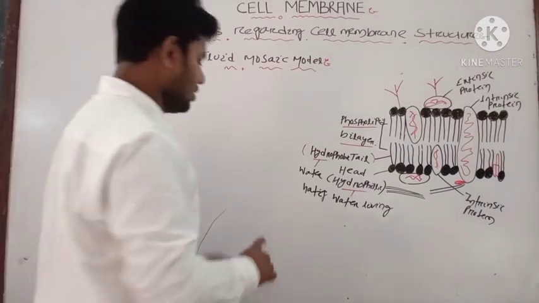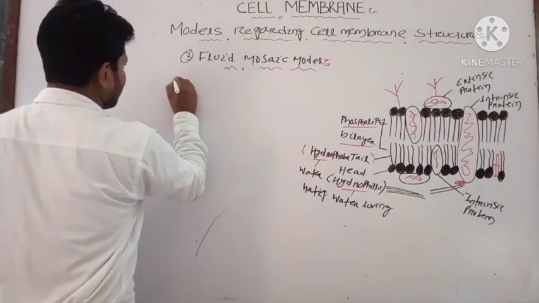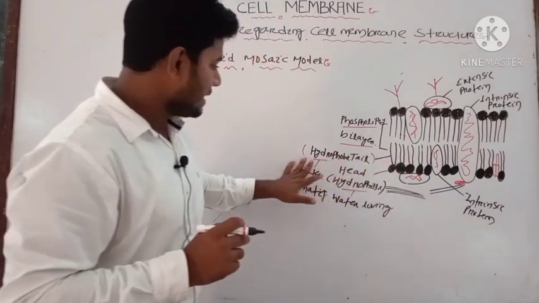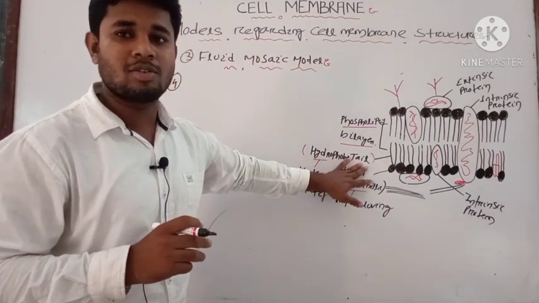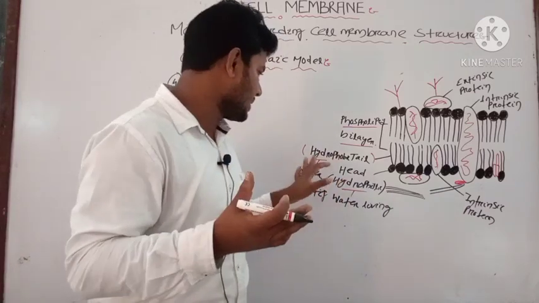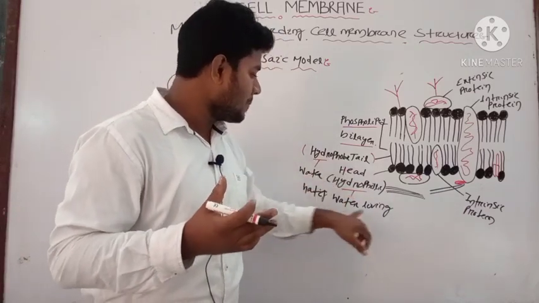The next point, that is fourth point. Here you can see the phospholipid bilayer. It is hydrophilic in nature and also hydrophobic in nature. That is, it is possessing dual characteristics. One is water loving and water hating.